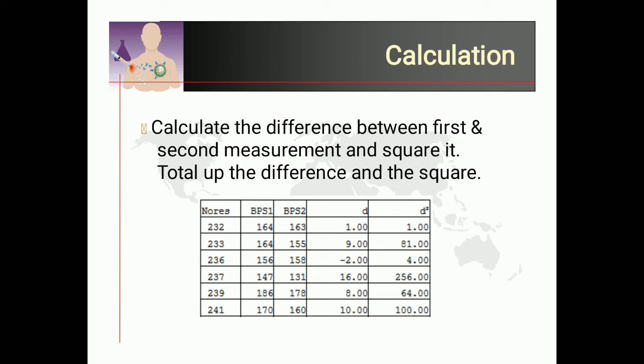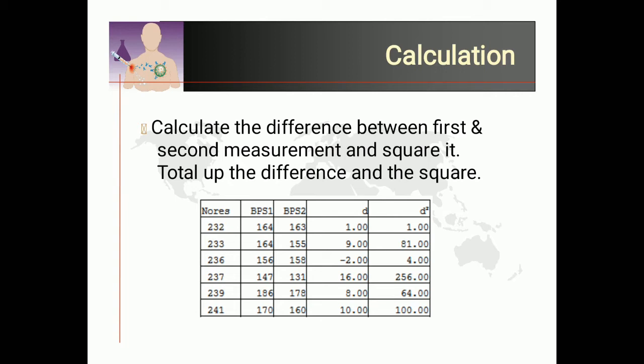So here is the calculation of this t-test. Calculate the difference between the first and second measurement and square it, then total up the differences and the squares. Here you can see the columns: number, BPS1, BPS2, D and D square.